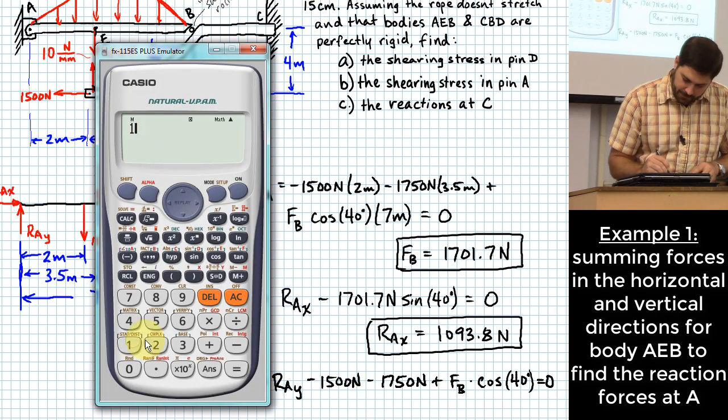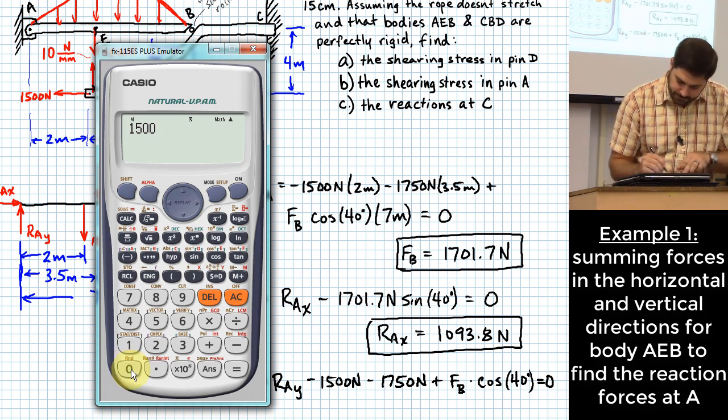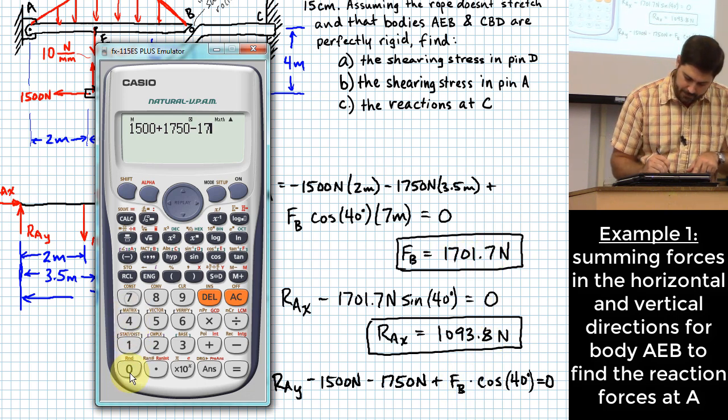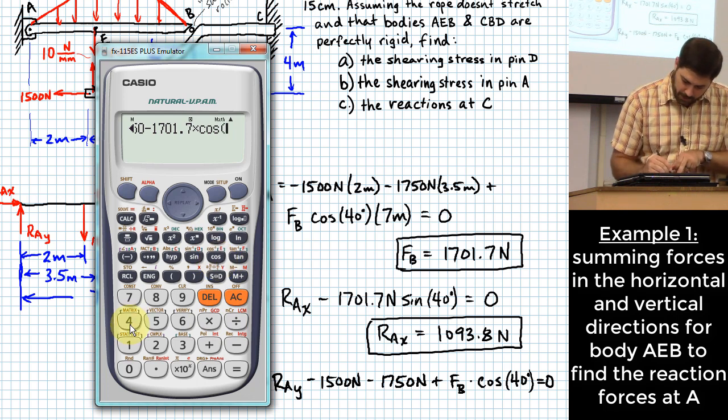Here I'll end up with 1500 plus 1750 minus, okay, I put this in as FB, but I'll go ahead and substitute in my 1701.7 at this point, times the cosine of 40.